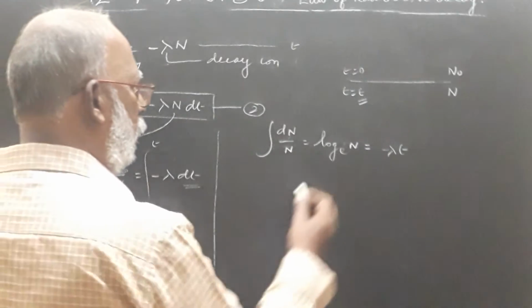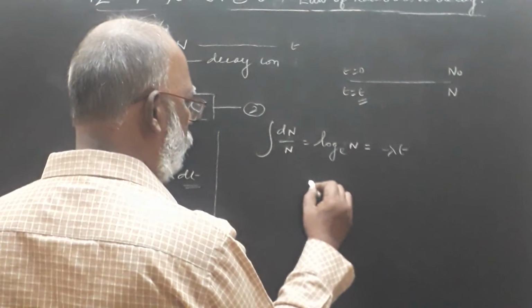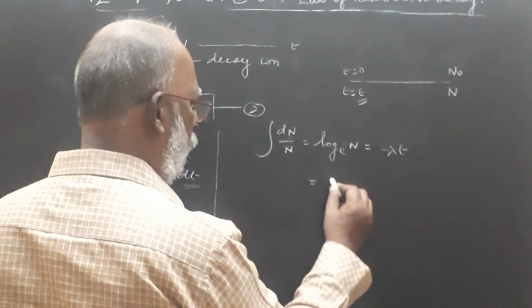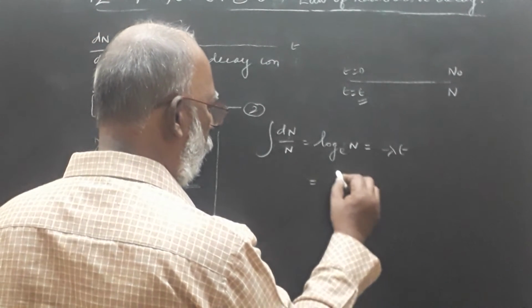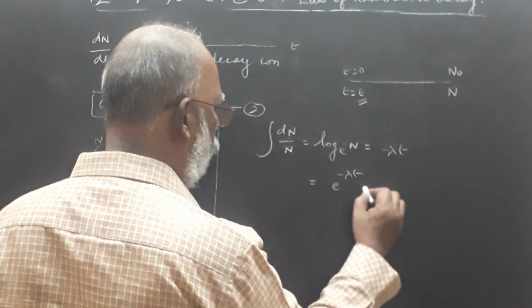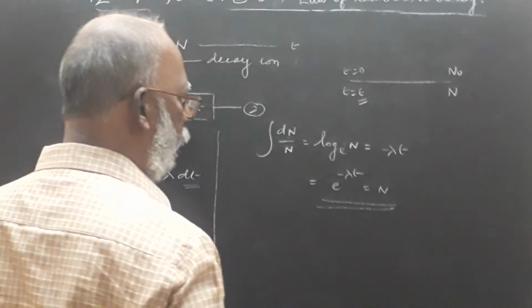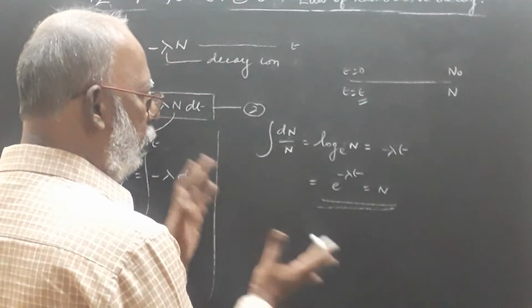Then e power minus lambda t equals N. This is one way to derive an expression in the shortest manner.